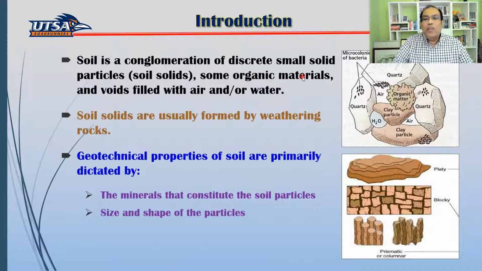There are some organic materials like rotten leaves, trees, or dead animals, and some voids filled with air and water. There are also a lot of microorganisms like bacteria in soil. Soil solids are usually formed by weathering of rocks.